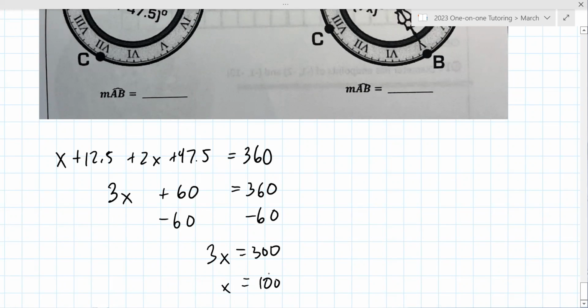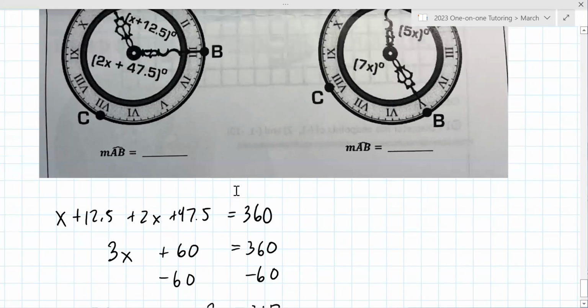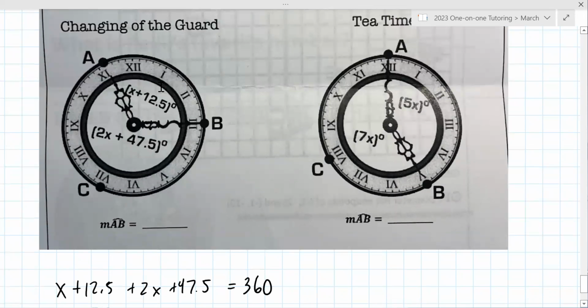Yeah, I left it as 2x by accident. To find the measure of AB, you've got to put x back in: 100 plus 12.5 is 112.5. Good.